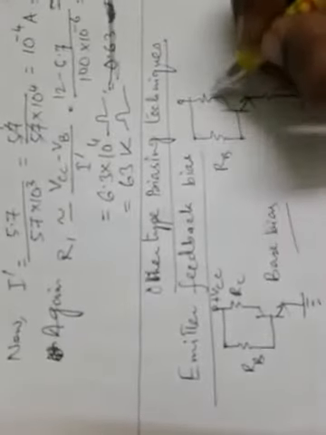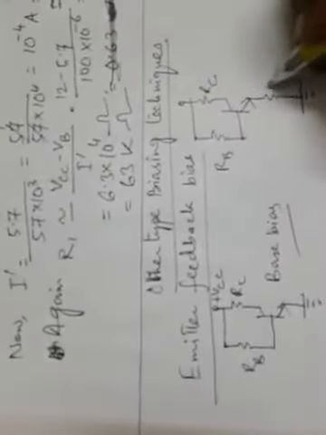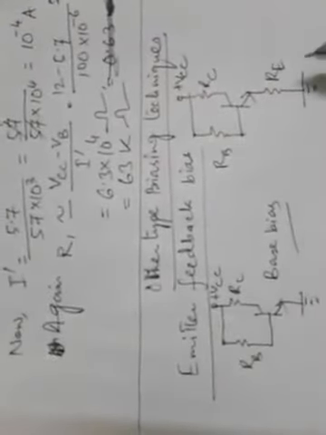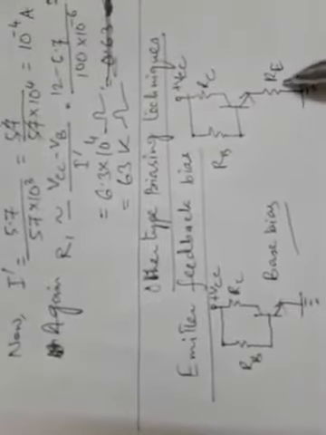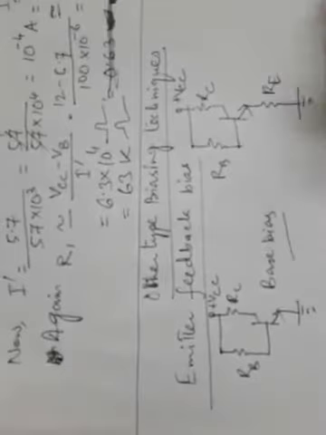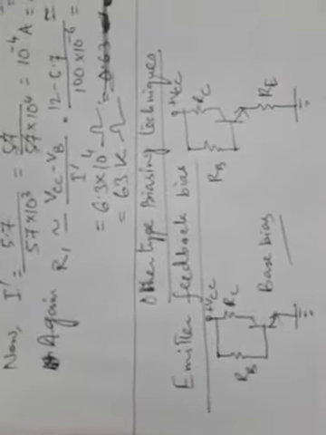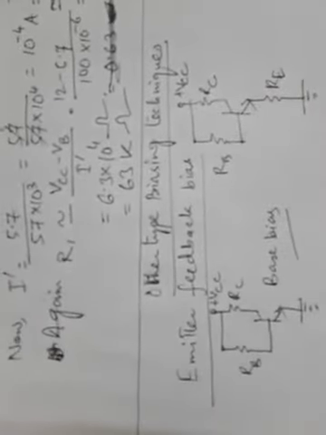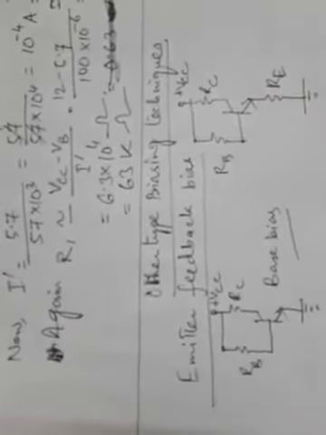This is RB, this is RC, this is RE. So the difference is, with the base bias circuit, one additional resistance RE is connected between the emitter terminal and the ground, and that is the emitter feedback bias circuit configuration. So you can notice that this emitter resistor has been added.